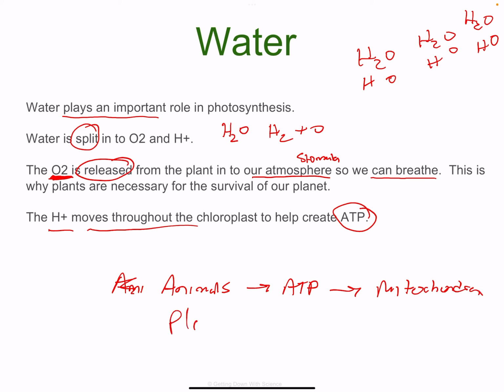But in plants, ATP is made in the chloroplast. Right? That's what we're doing right now. That's the light reaction. It's generating energy. Okay?